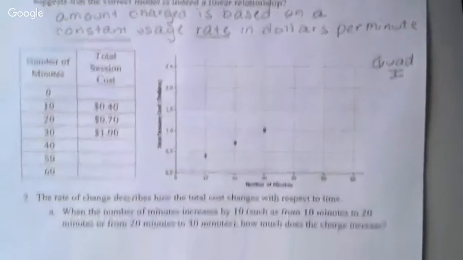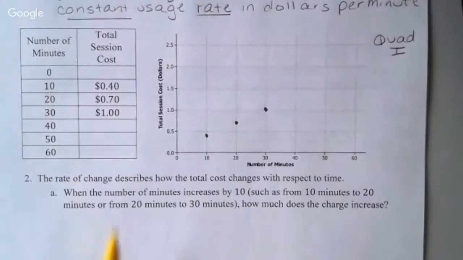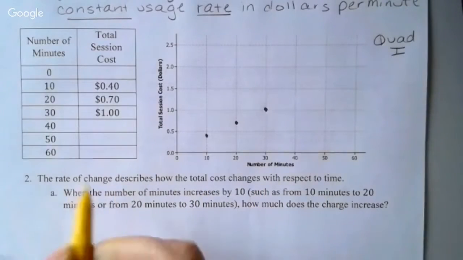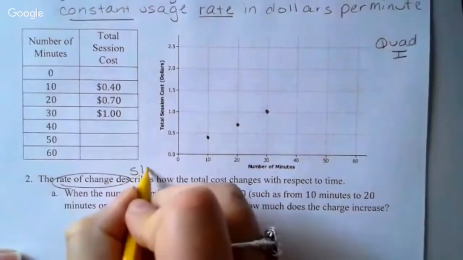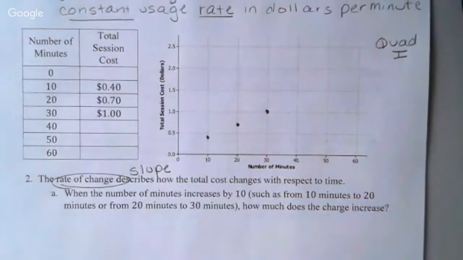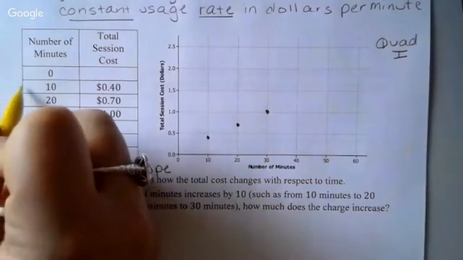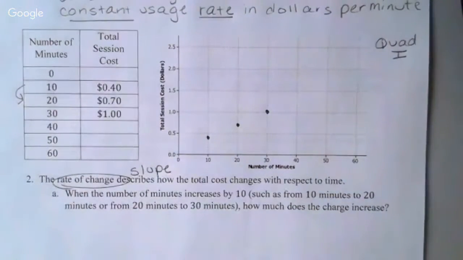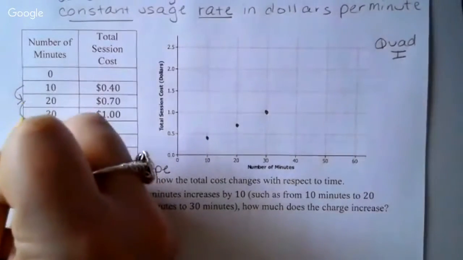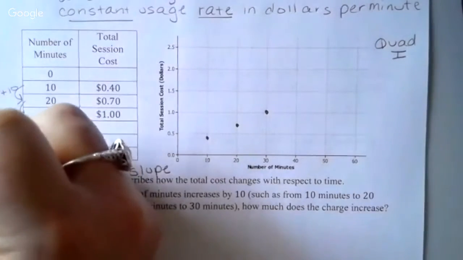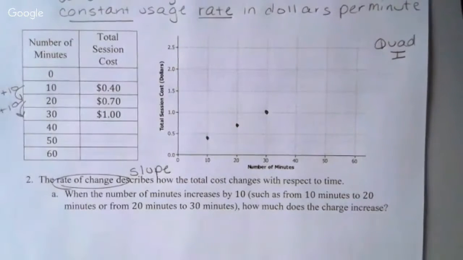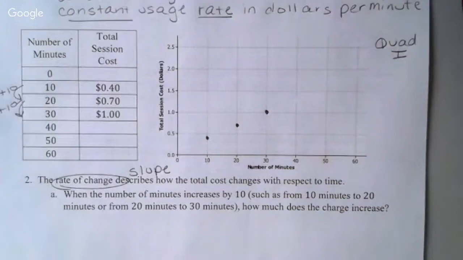Okay, so then on question 2, it says the rate of change describes how the total cost changes with respect to time. You guys know rate of change, remember, going back to slope. So in A, when the number of minutes increases by 10, such as from 10 to 20, or from 20 to 30, how much does the charge increase?